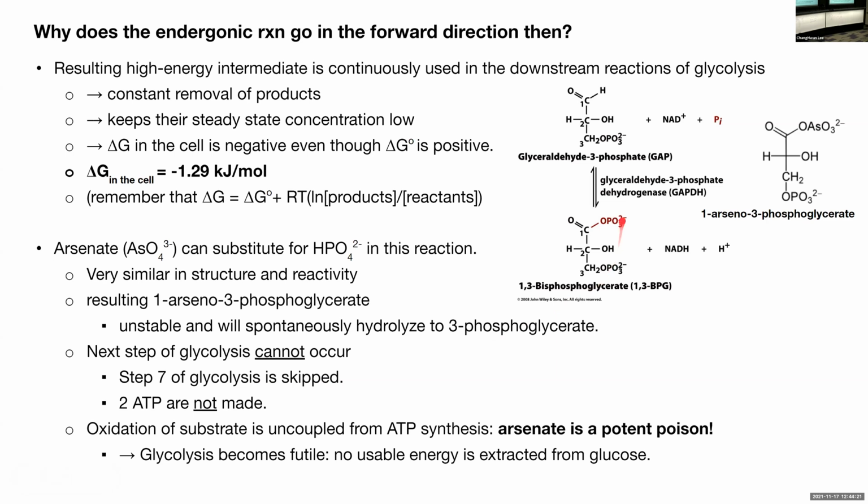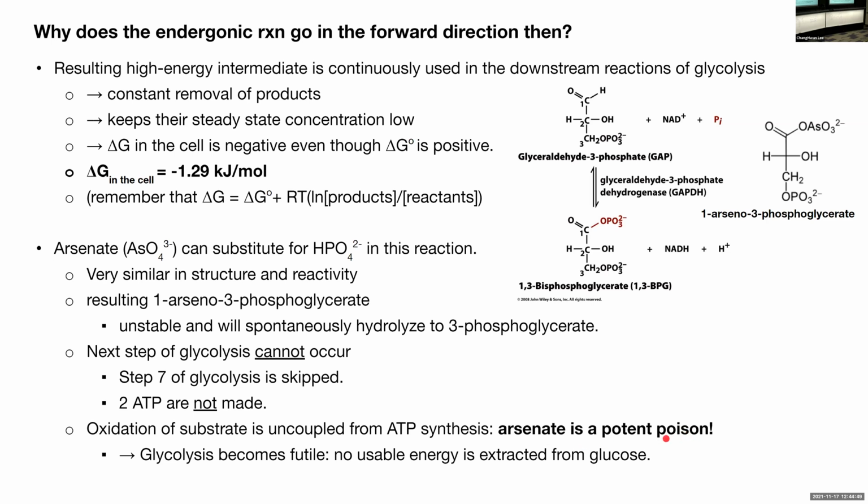So since it does not reach the high energy compound state, it will not lead to the synthesis of ATP molecule. So this is a pretty bad thing because oxidation of the substrate, which is happening here, oxidation of GAP, is uncoupled from ATP synthesis, which will happen in the next step. And that's why arsenate is a potent poison.